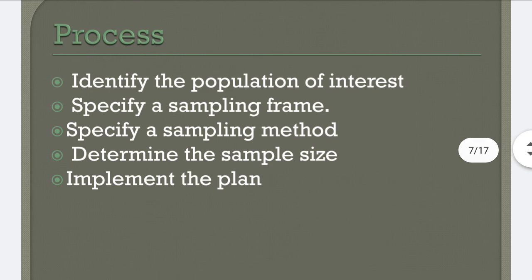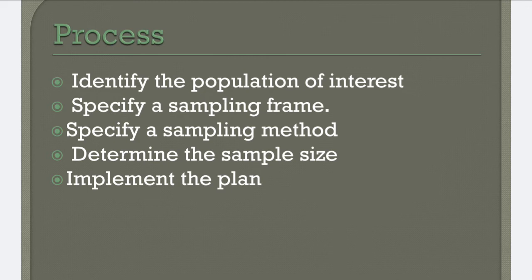Now the process. First, identify the population of interest. A population is the group of people that you want to make assumptions about. For example, Aisha wants to know how much stress college students experience during their final year.